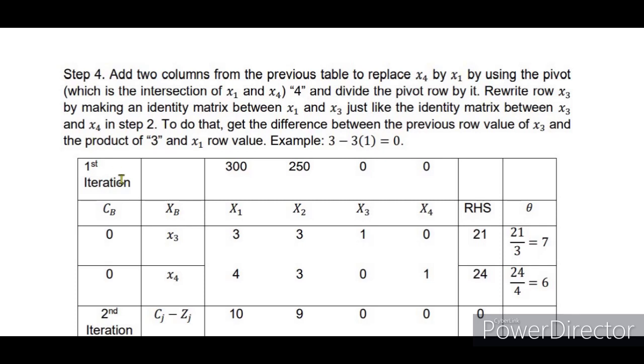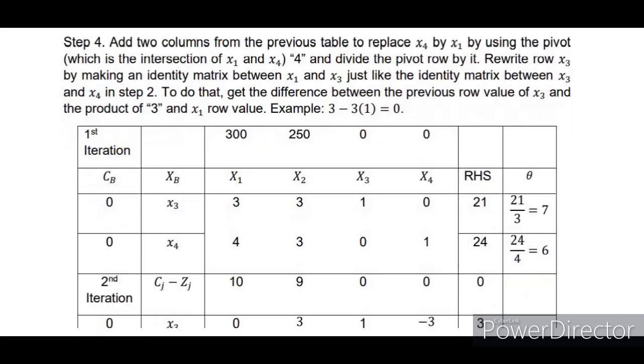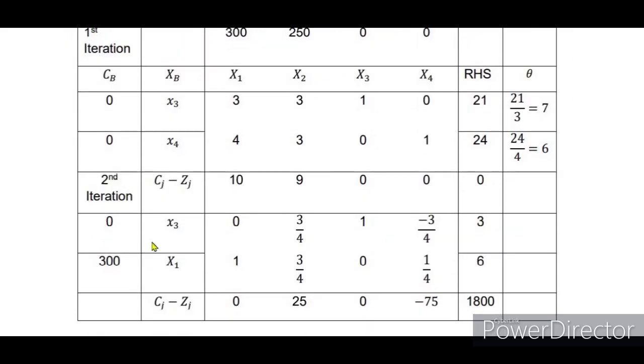Next, for step number 4, add two rows from the previous table to replace x sub 4 and x sub 1 by using the pivot, which is the intersection of x sub 1 and x sub 4, which is 4. Okay, so in our first iteration, we just add some rows for the second iteration so that we will not go back to the previous page to see our first iteration, because we will be using our previous iteration to make the present iteration, which is the second iteration.